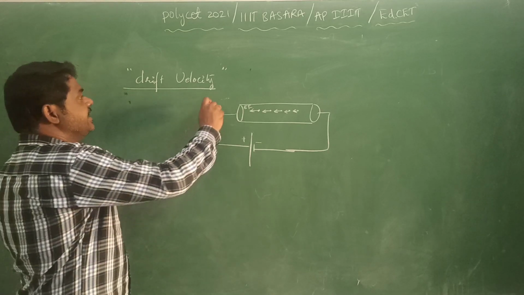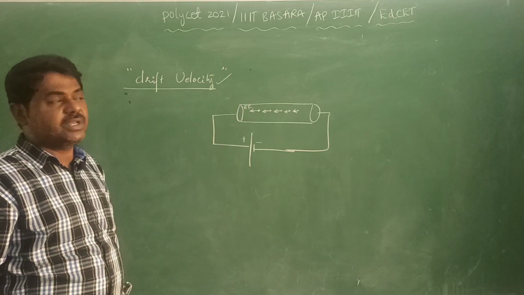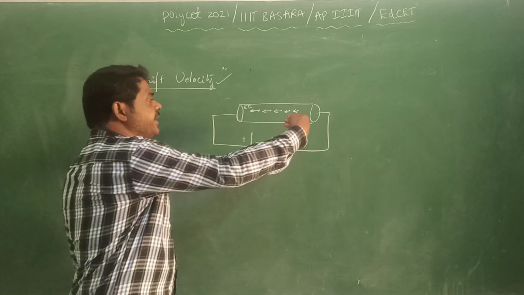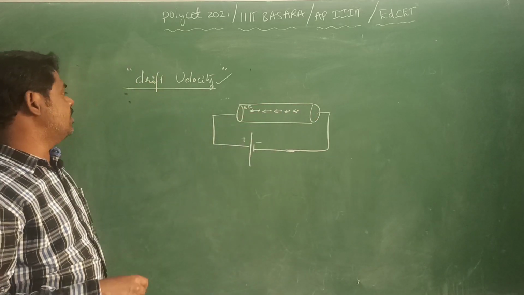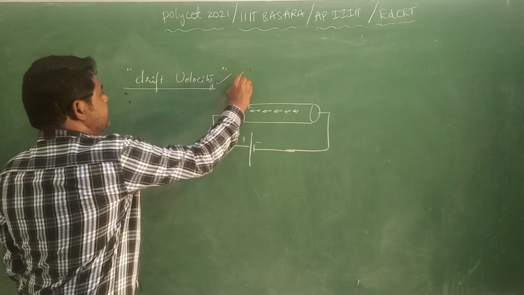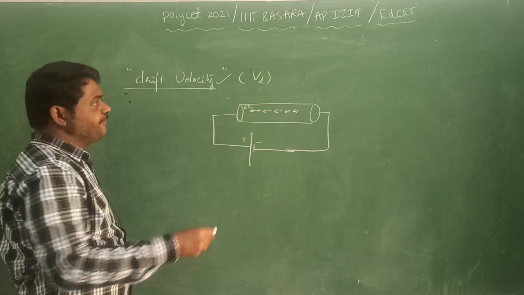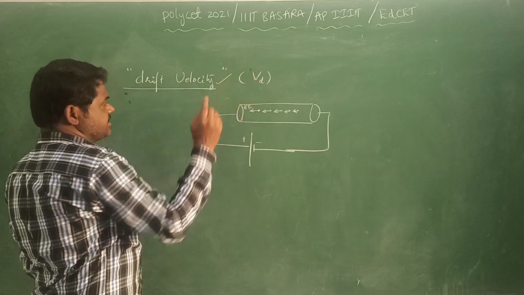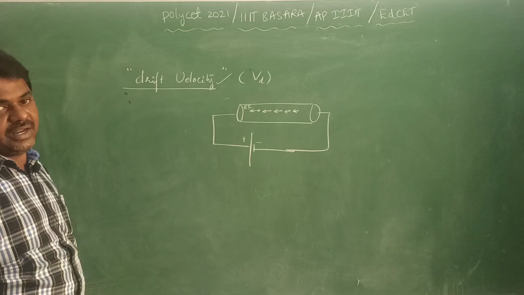That speed is known as drift speed or drift velocity. You can say drift velocity because they are moving in a single direction, it is a vector quantity. The symbol we are going to use for drift velocity is VD. VD means drift velocity. So what is the relation between current and drift velocity?